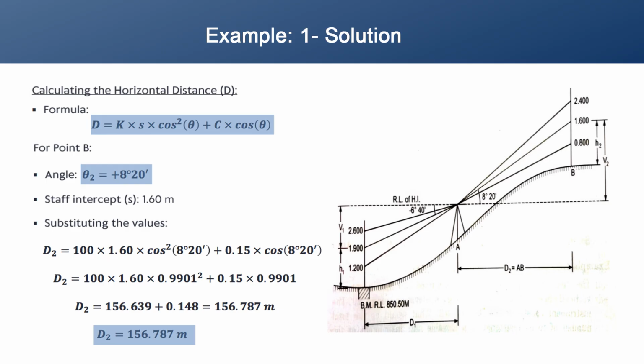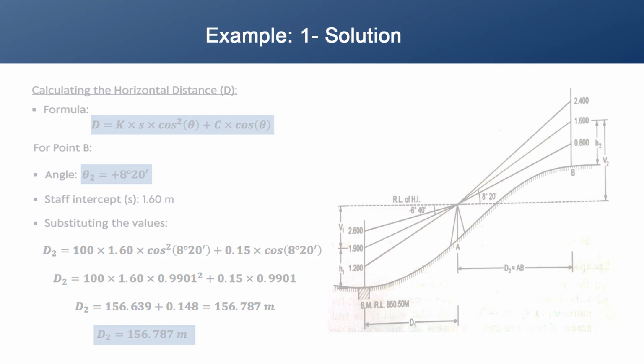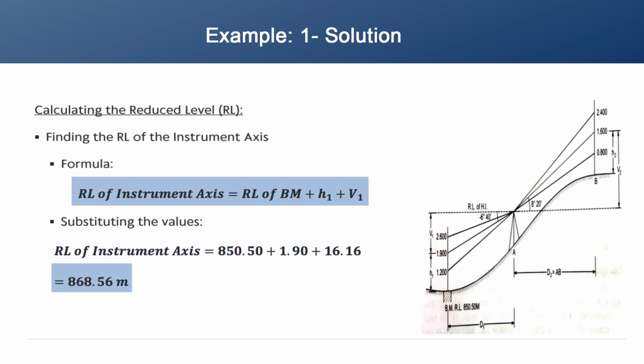Substituting the values into the formula, we get D2 is equal to 100 into 1.60 into cos square 8 degree 20 minutes plus 0.15 into cos 8 degree 20 minutes, which yields D2 is equal to 100 into 1.60 into 0.9901 square plus 0.15 into 0.9901, which is simplified to D2 is equal to 156.639 plus 0.148, which gives the value 156.787 meter.